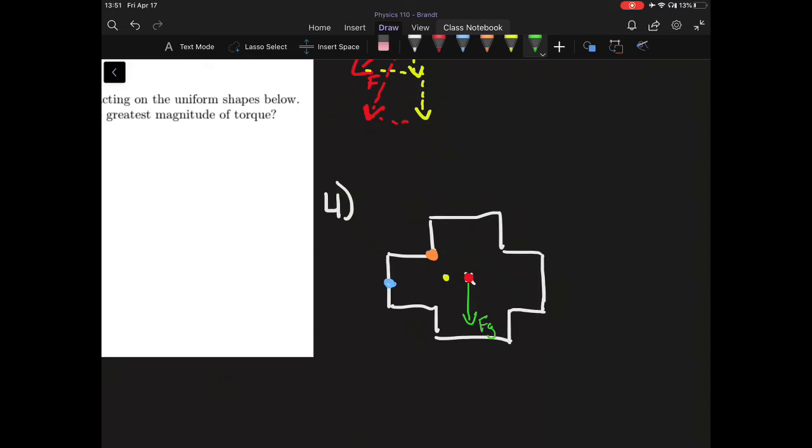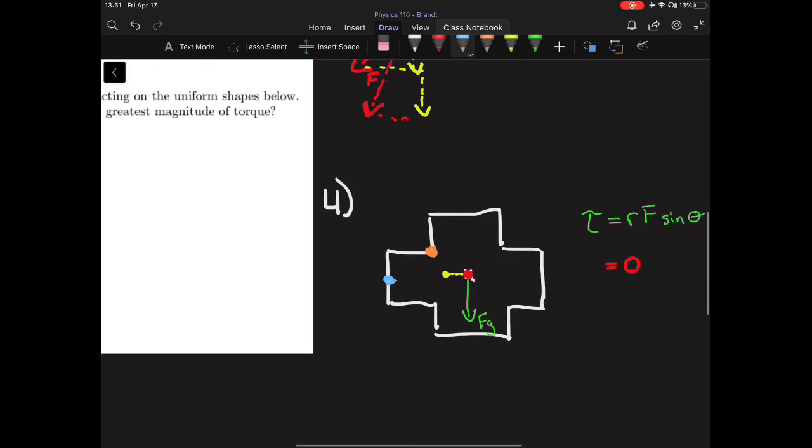So we want torque, and torque is equal to RF sine theta again. So we need to find the radius. The radius of the red is 0. So our torque is 0 for the red. For the yellow, there's our radius.